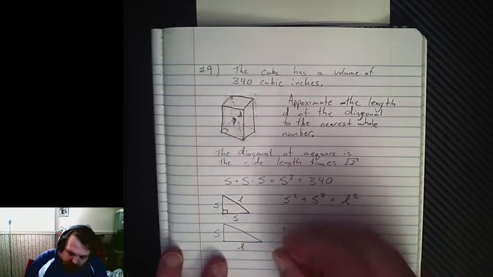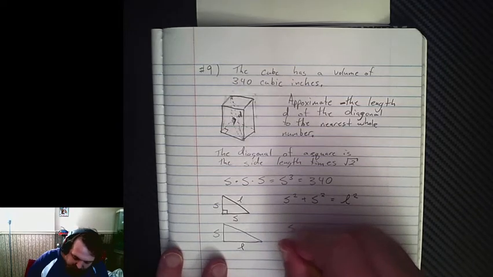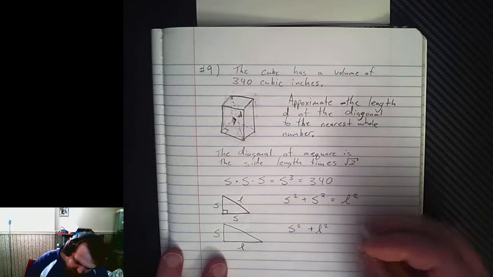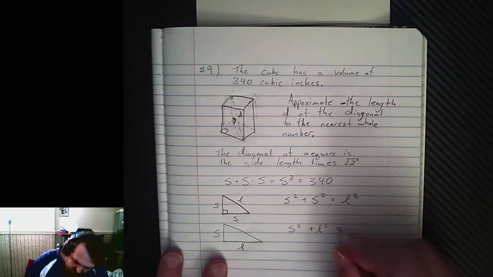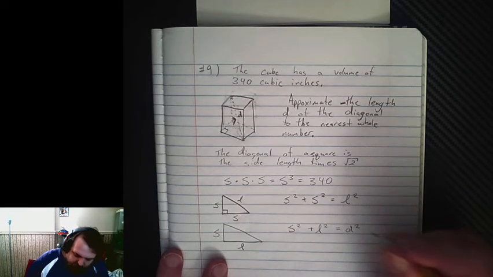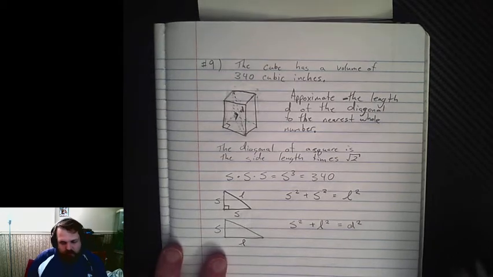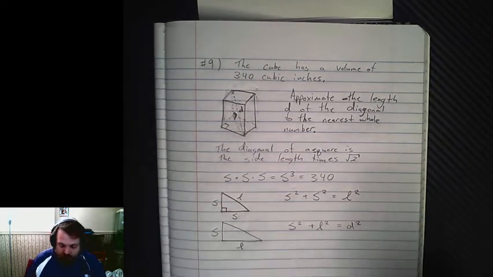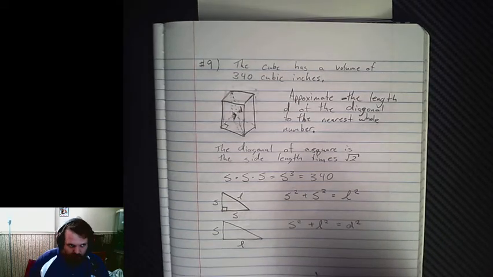Okay, and so we can make the relationship that s squared plus l squared is equal to d squared. So now we're really getting into some things here and trying to figure out what all we know.